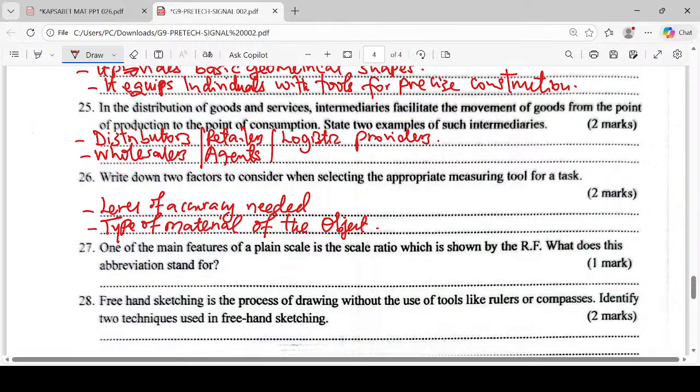Then we can also talk about the type of task to be performed.